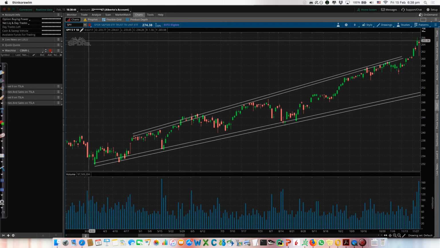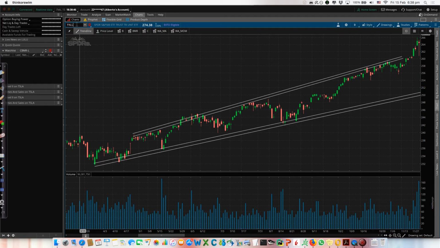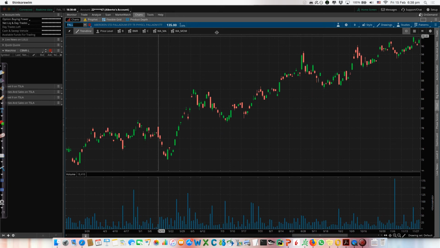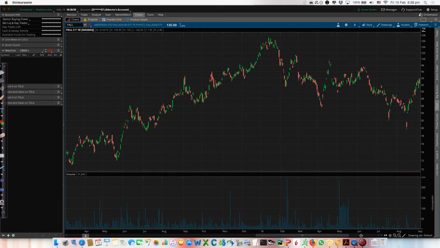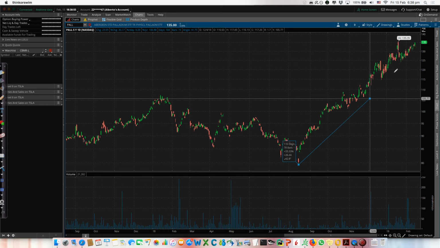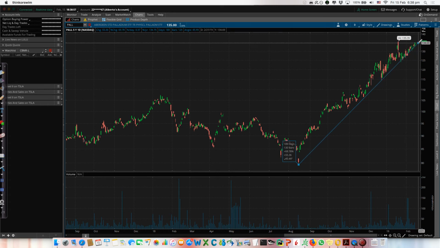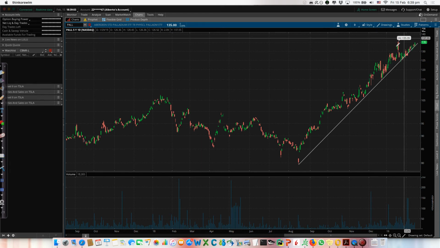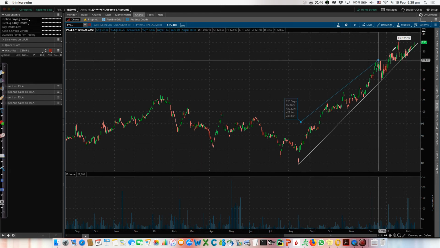This seems nice. PALL. Yeah, this is a very nice example of channel up. Actually, very strong support trend line. And maybe the resistance trend line is not as good.